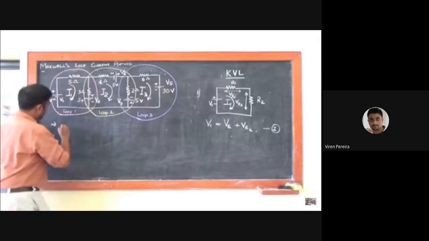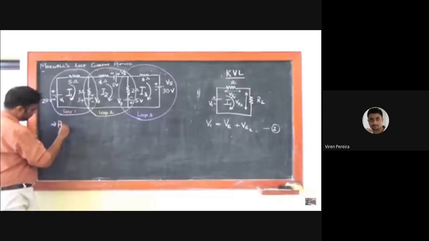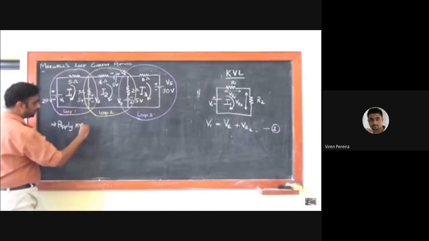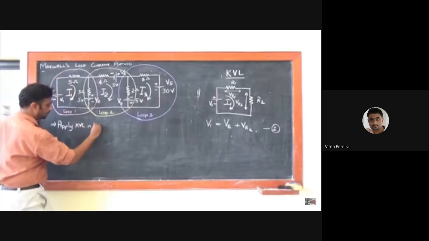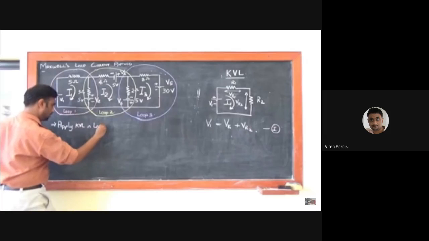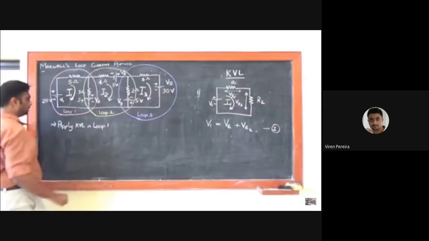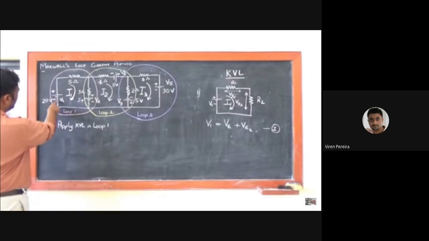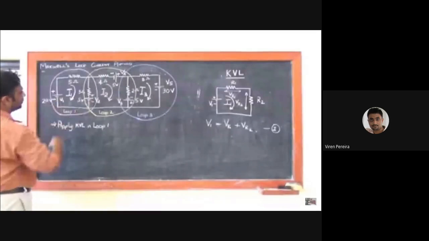When we apply KVL in loop 1, what we have is V1 and V2.